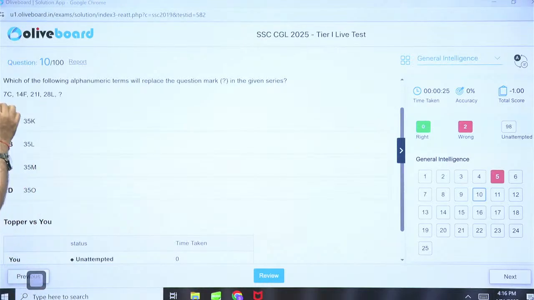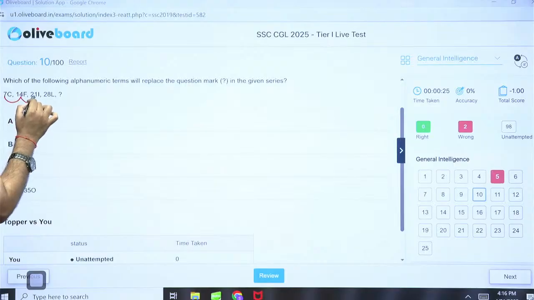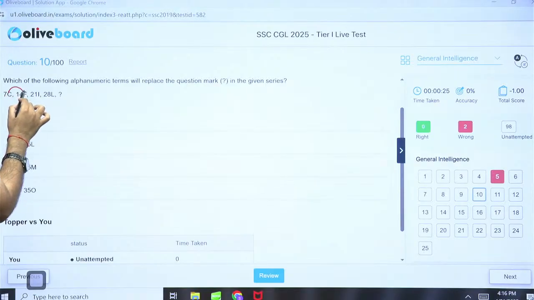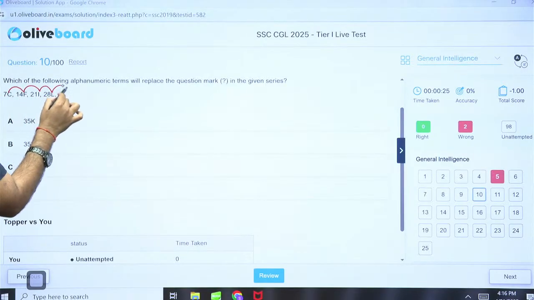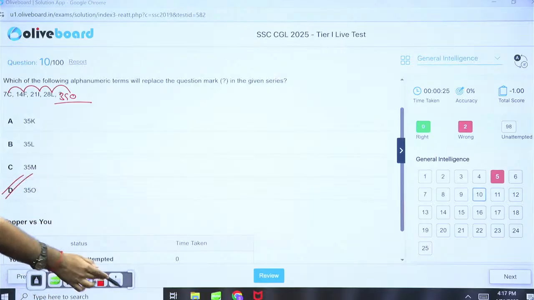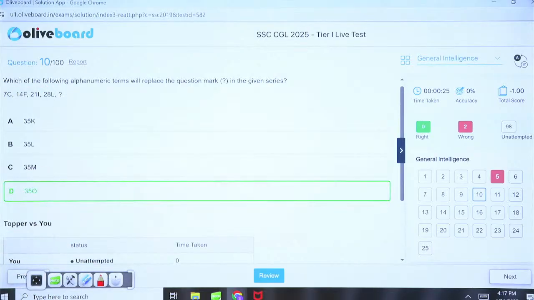So 7, this is the multiples of 7. 7, 14, 21, 28. So 35 will be the next answer. All of them are 35, worthless for checking it. And this is 3, 6, 9, 12, 15. So 35O will be our correct answer, which is option D. 35O, which is option D. Clear? Next. Very good. Good job.